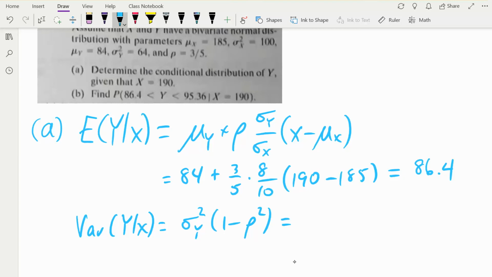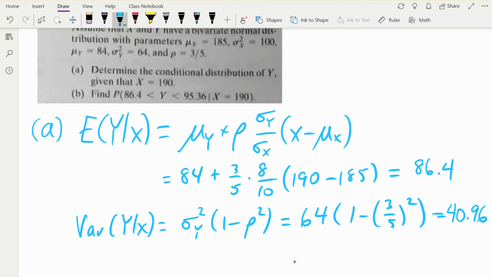And we already said sigma y squared was 64, and rho is 3/5.